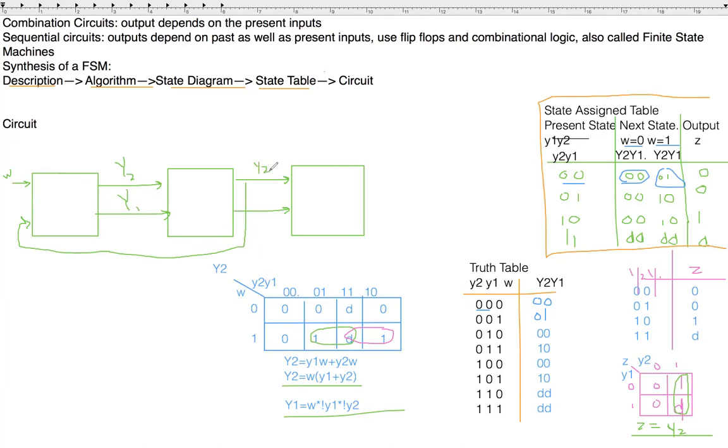What's happening is I'm looking at my truth table: I have y2, y1 and W because I had to have those. I have my input W, and my y2, y1 going back here for my lowercase. So those are the inputs for my combinational block, and they produce the outputs, the capital Y2, Y1.